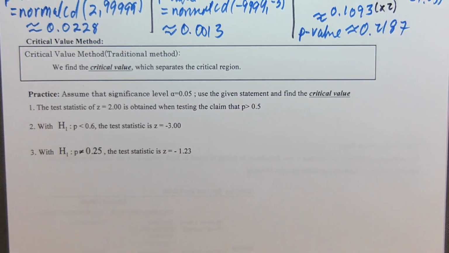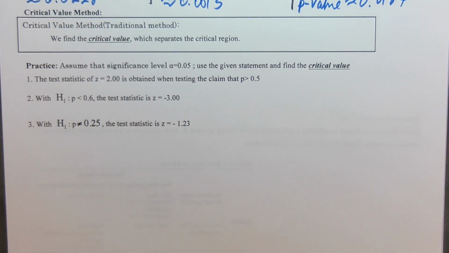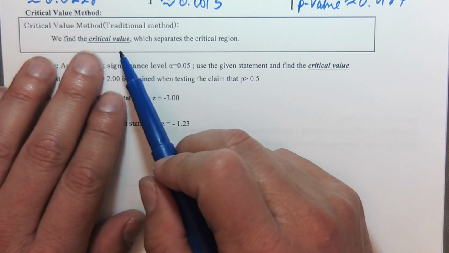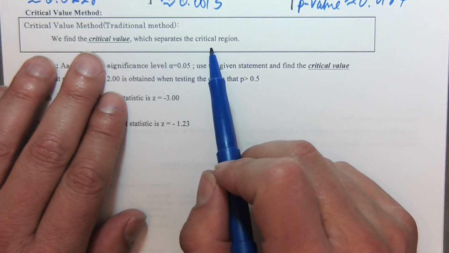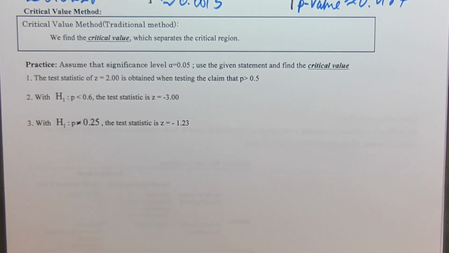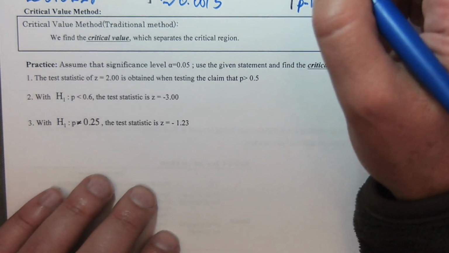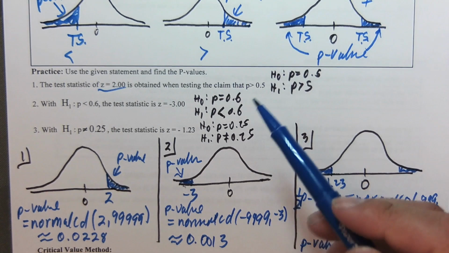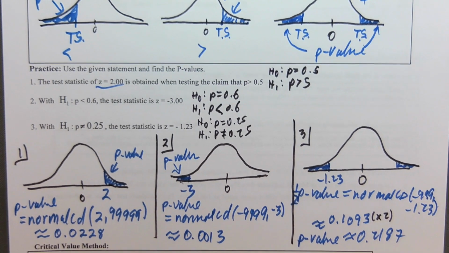The critical value method is a little different. The critical value method says we find the critical value which separates the critical region. And we'll deal with that here in just a moment. And we're going to do the same examples here, except now we're going to look for something a little bit different. So the null hypothesis and alternative hypothesis are all here already, so I'm not going to rewrite those.